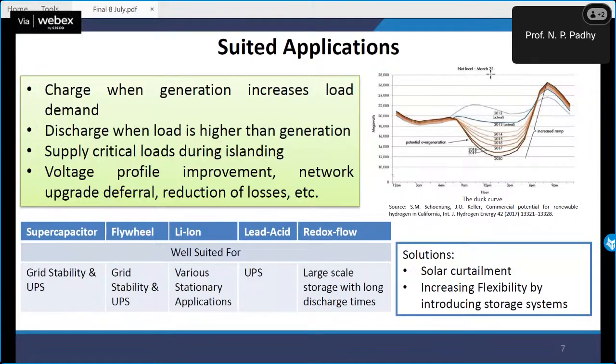So what we are thinking under such a situation: if my machine is not able to ramp, then my battery storage system must be able to support till the time the machine comes to its full capacity. Okay, so that is what it does.